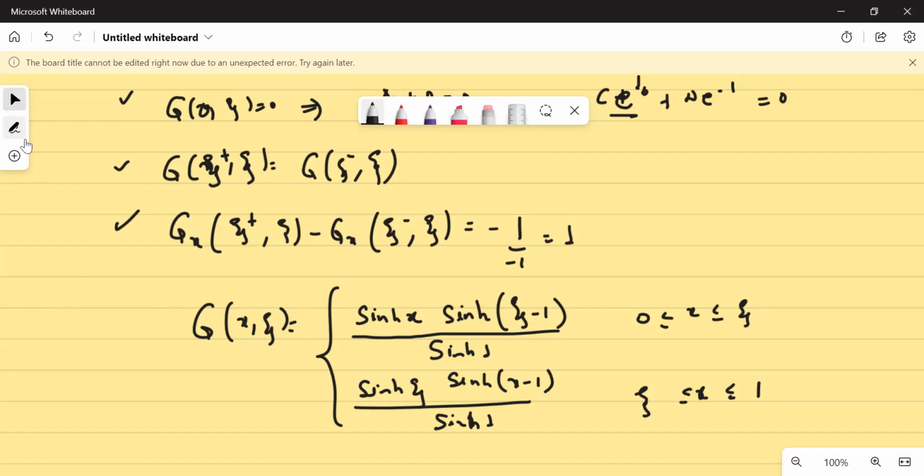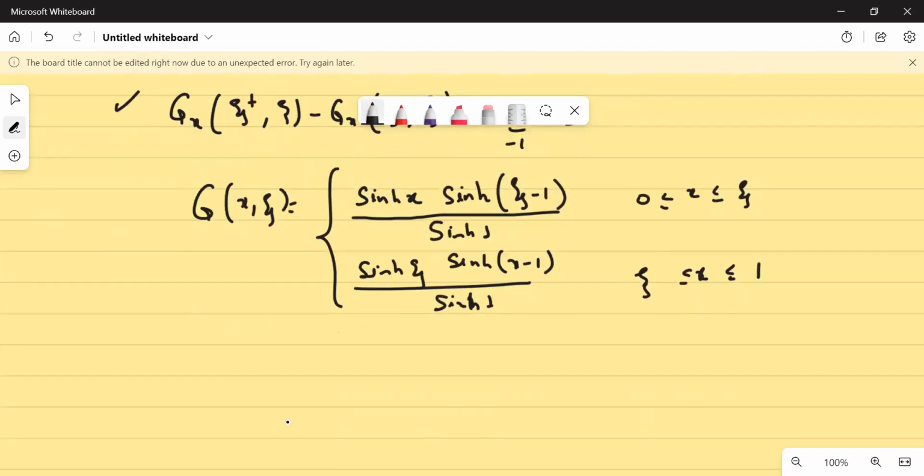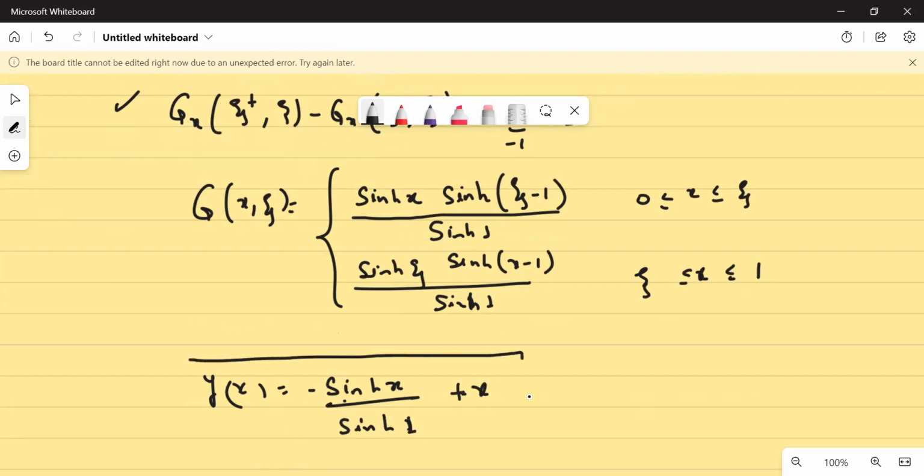And once you are done with this Green's function, the solution y of x you will find to be something like sinh x upon sinh 1, and then you will get the rest. So just try to integrate all this stuff up.